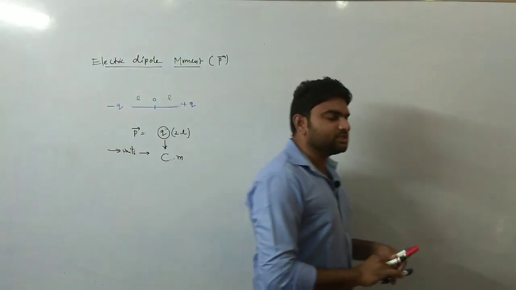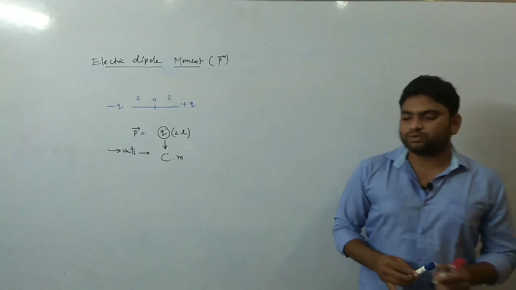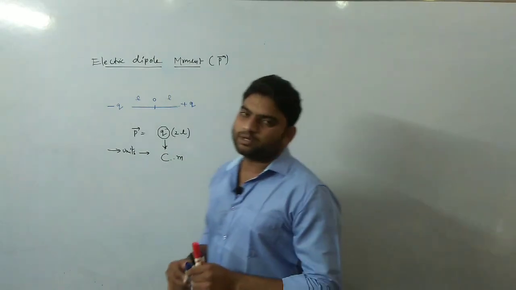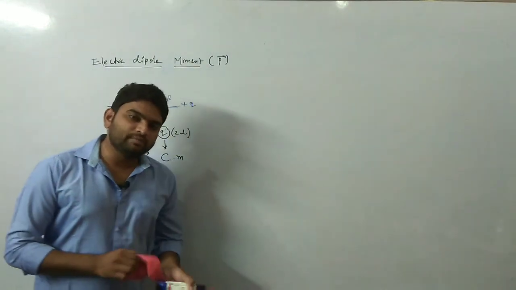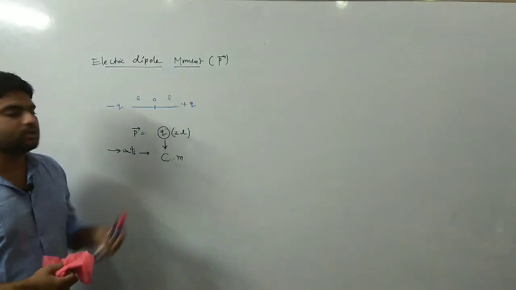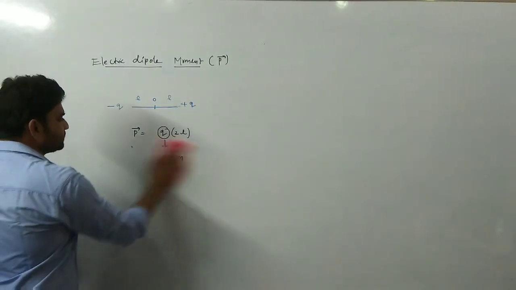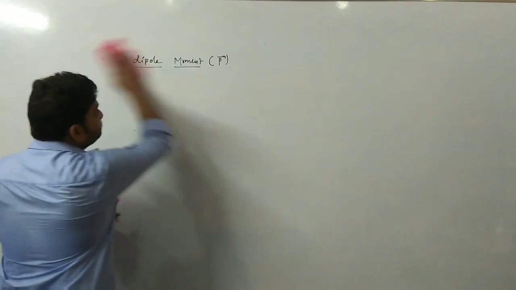So in this particular session we would like to discuss finding intensity due to this particular dipole. My aim is to calculate intensity due to this dipole. So now we'll see that. What is my aim?